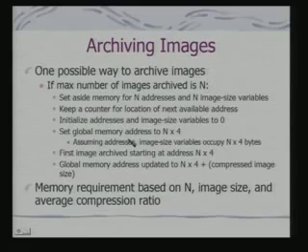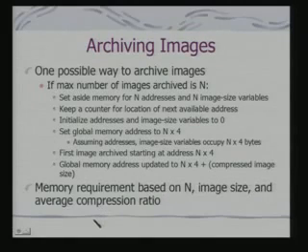So next, if I have done the compression, what shall I do? I shall be archiving the image. Okay, I would like to store the image in the memory. I can keep global memory addresses assigned and reserved for the different memories. So we can set aside memory for n addresses and n image size variables, and the image memory requirement would be based on n, that is the image size, and the average compression ratio.